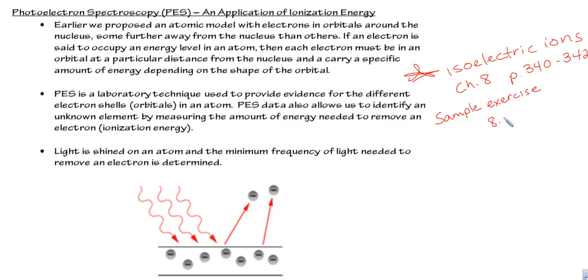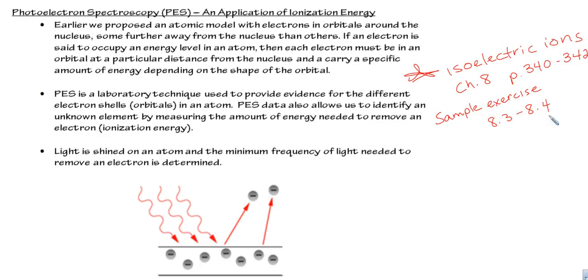There's like an 8.3 and an 8.4. There's really not a lot of practice problems, homework problems in either Chapter 7 or 8 that deal with these isoelectric ions. But these two examples in the sample exercises are excellent. So for isoelectrics, if you want more information, check Chapter 8.